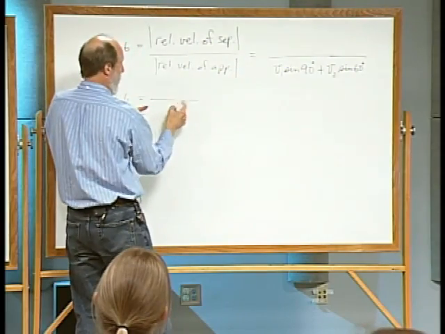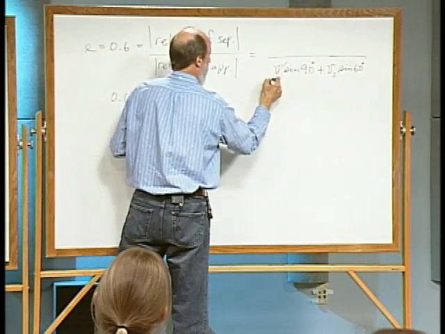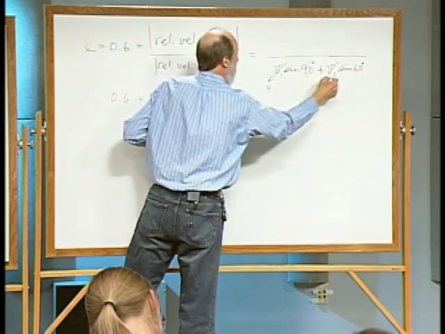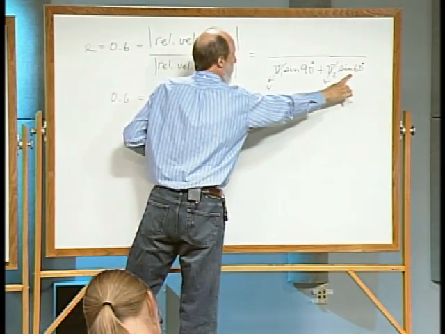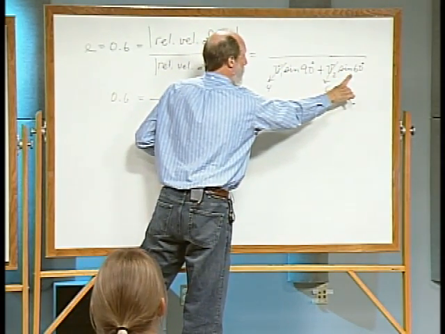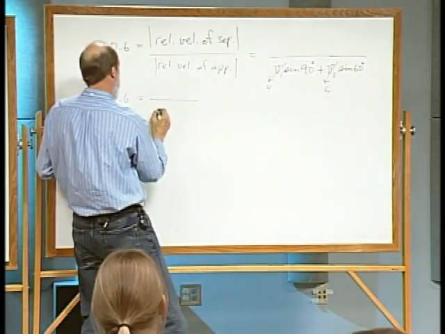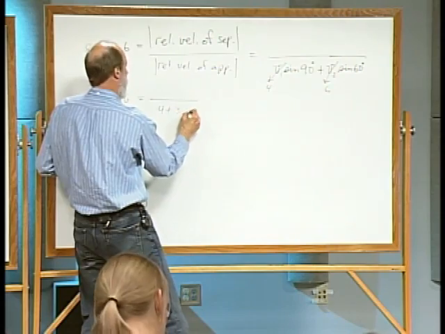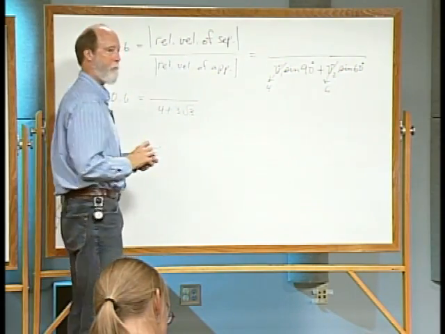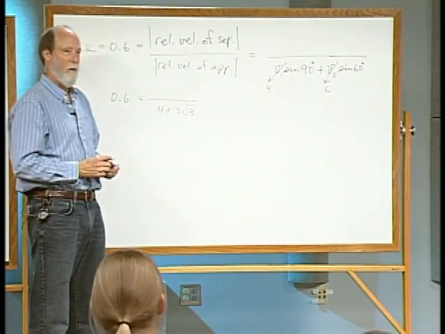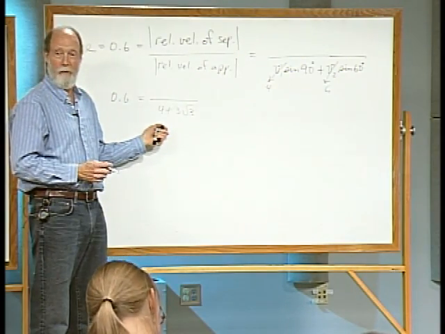And so that denominator will clean up. This becomes a 4. This value becomes a 6. Sine of 60 was square root of 3 over 2. So this again is 3 square root of 3. So we have 4 plus 3 square root of 3, the relative velocity of approach.